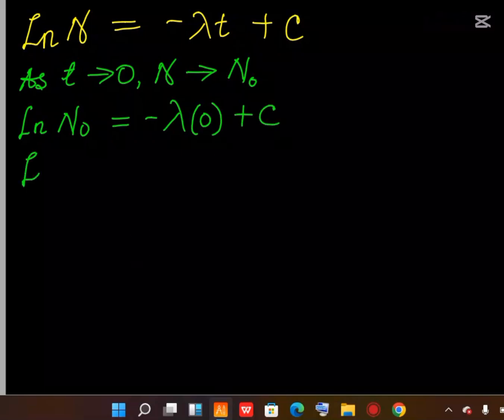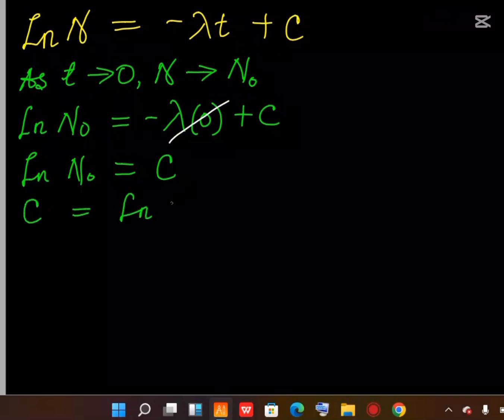This cancels to become 0, so ln N naught is equal to c. So c is equal to ln N naught. We can now come back and plug this into c here.